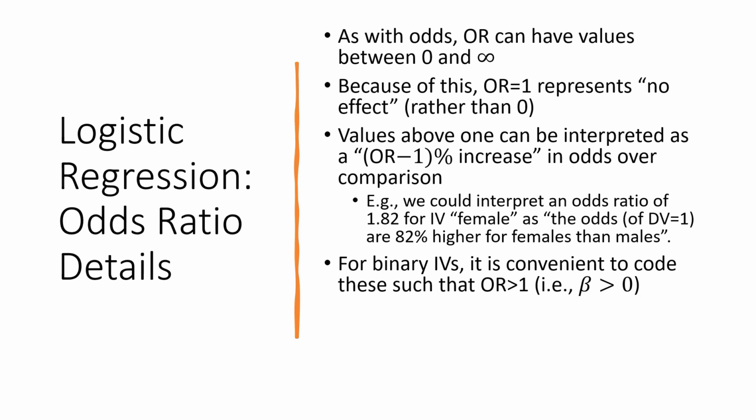I write this in. This is something that's talked about potentially in some of your readings or textbooks. It is convenient to do this when you don't have anything else to do or anything else to guide your coding. For me, though, if I'm looking at an independent variable of meaningful interest, I might code in a way, depending on the variable, that matches the situation.